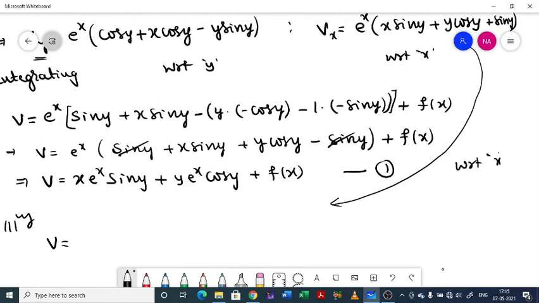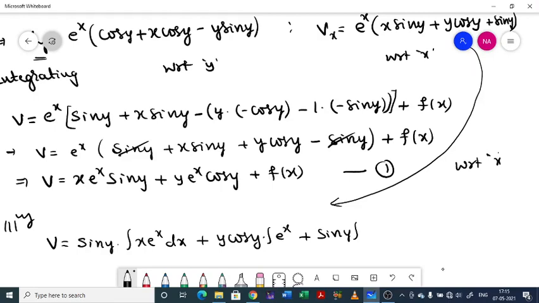So here we need to multiply e power x inside, so it will be sin y into, very carefully I have to write this, integral of x e power x dx plus y cos y, it is constant, so integral of e power x plus sin y, it will be a constant, integral of e power x dx.